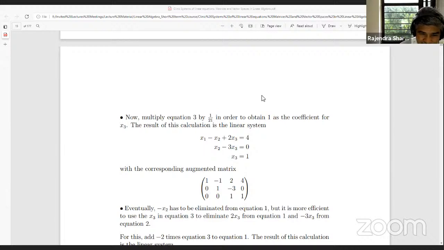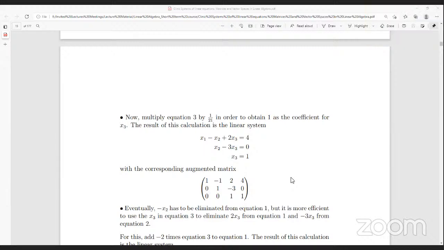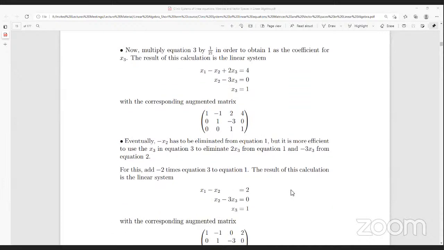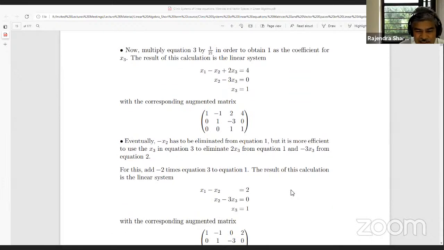Eventually, minus x2 has to be eliminated from equation 1, but it is more efficient to first use equation 3 to eliminate x3 from equation 1.